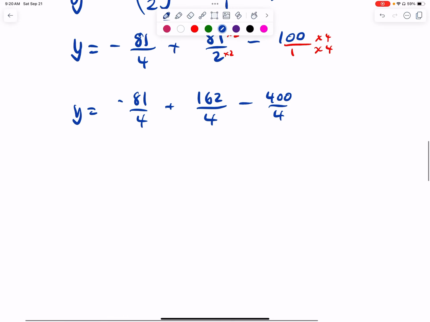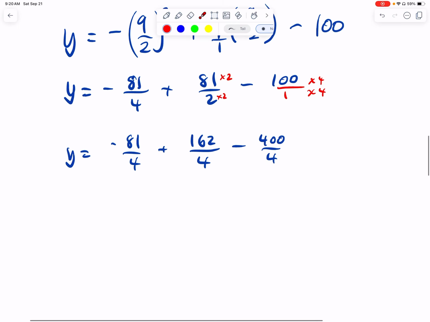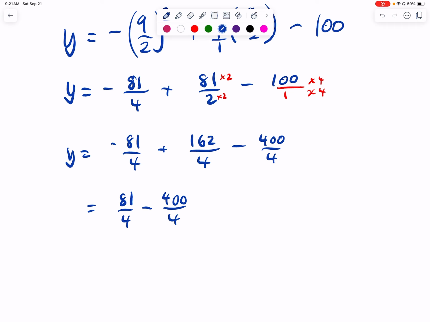Okay, and then I'm going to combine these two first. Well, remember that in order to get the 162, we doubled 81, and we're about to take 81 away from the 162, so that just ends up being 81/4 positive, and then we're subtracting 400/4.